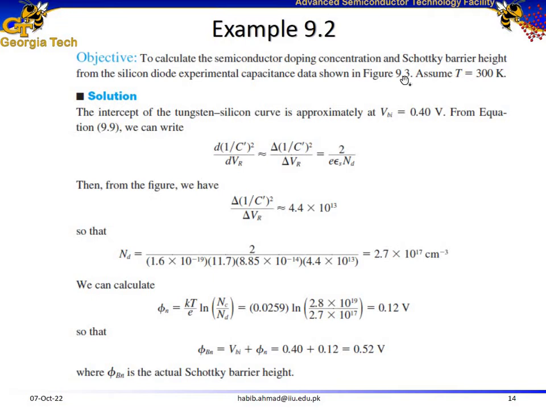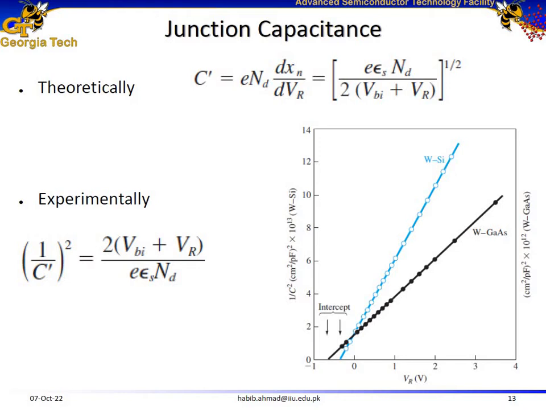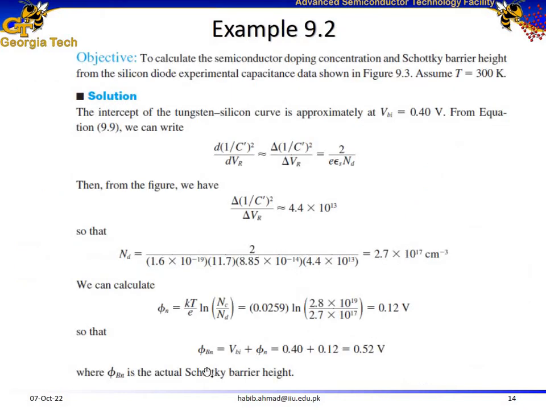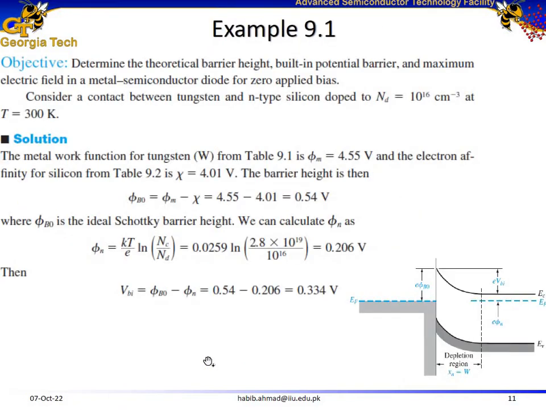So we found ND, and now we are asked to calculate the Schottky barrier height for this tungsten silicon Schottky diode as well. If you look at the energy band diagram, one way to calculate the Schottky barrier height is to subtract electron affinity from the metal work function.